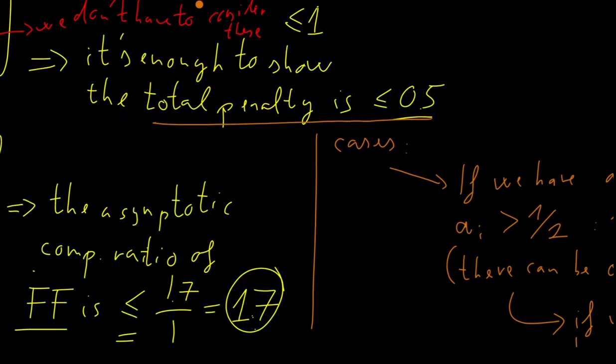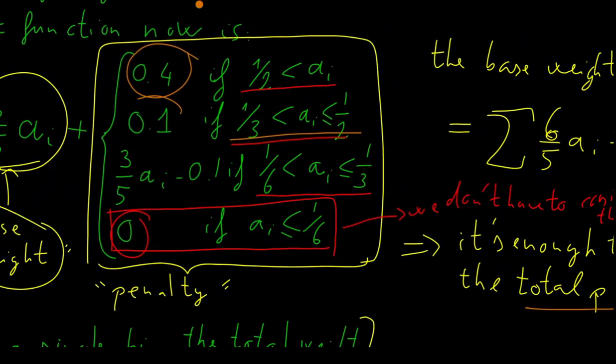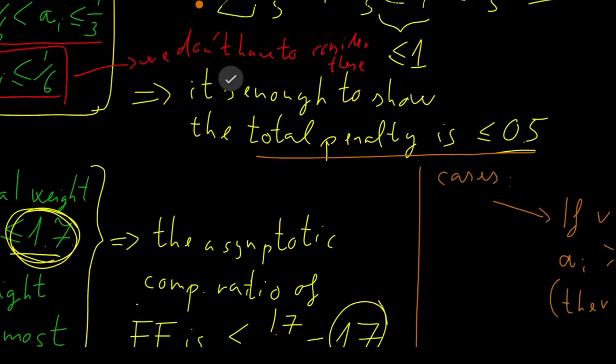Why? Because here we can see that in this case the penalty for this object is 0.1.